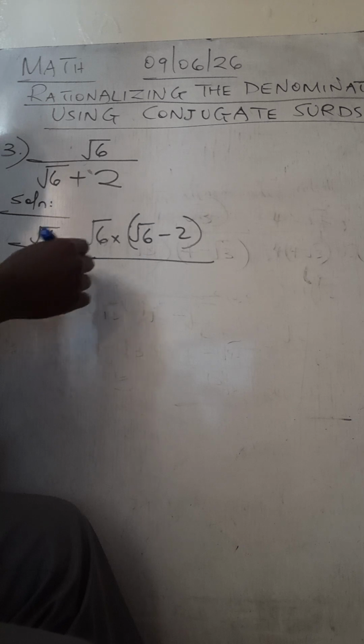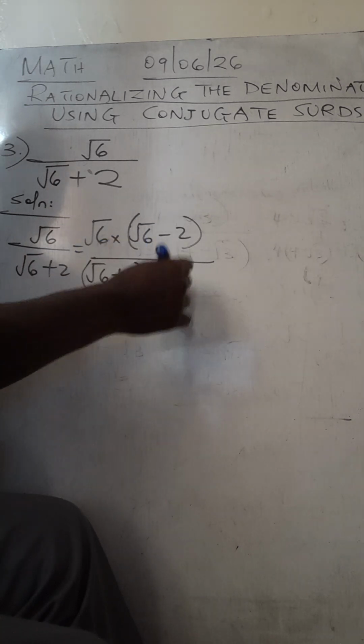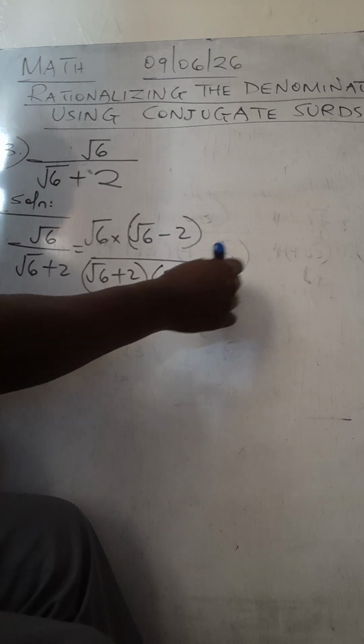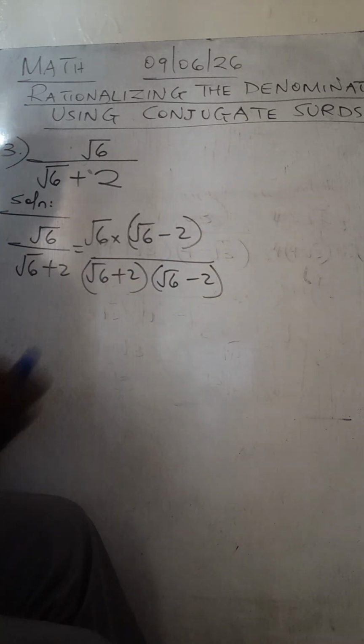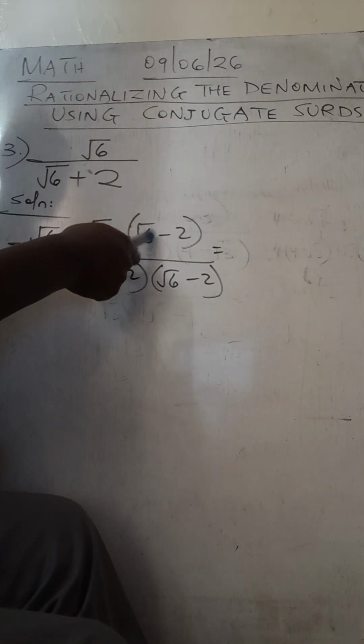Then down here you also do the same, root 6 plus 2 times its conjugate surd, root 6 minus 2. So root 6 times root 6 is root 36.